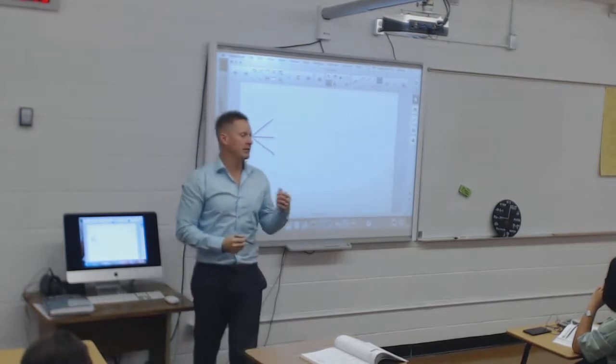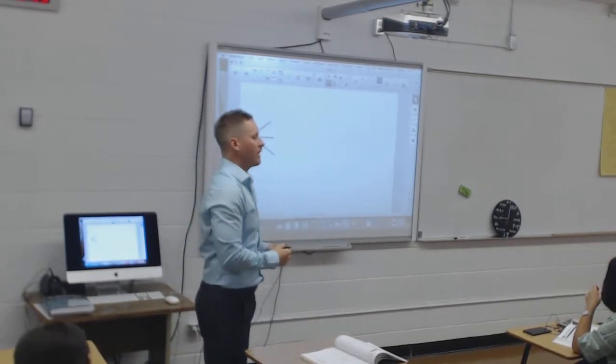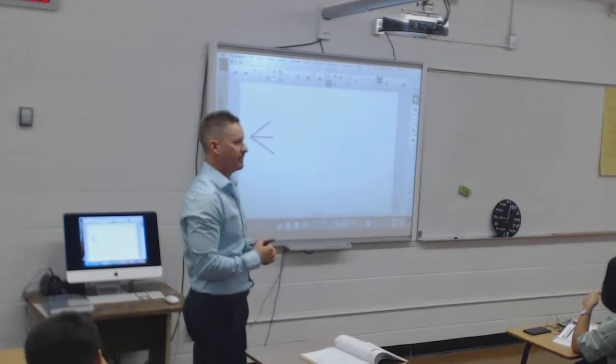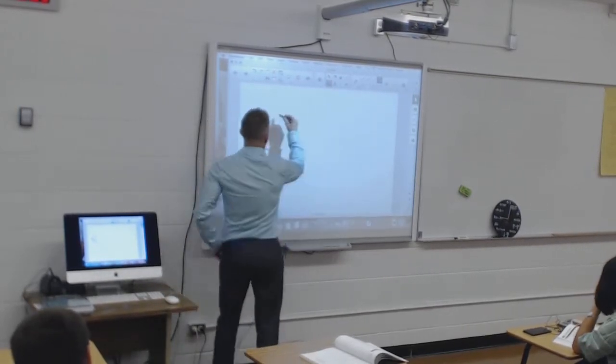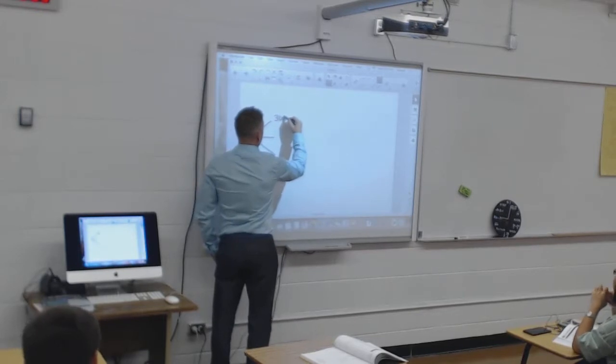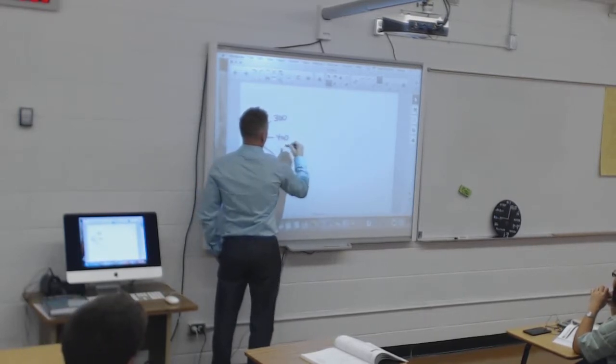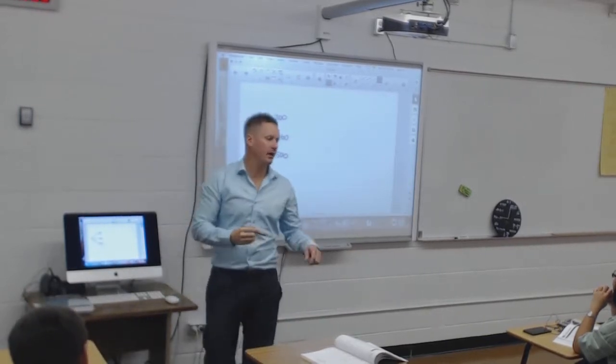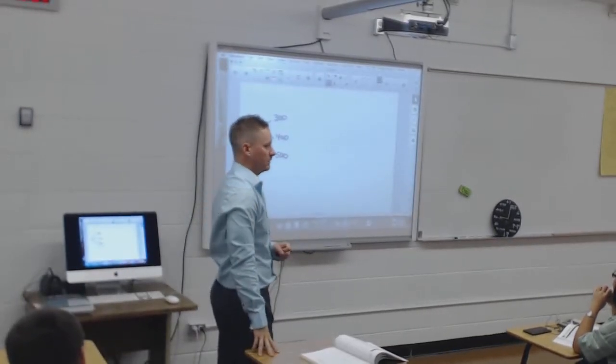So I'm going to draw a tree diagram to do this. The branches will represent each decision that's being made. So I put at the end of the branches what the 3 decisions are. So I have a choice of a 300, a 400, or a 500 model.